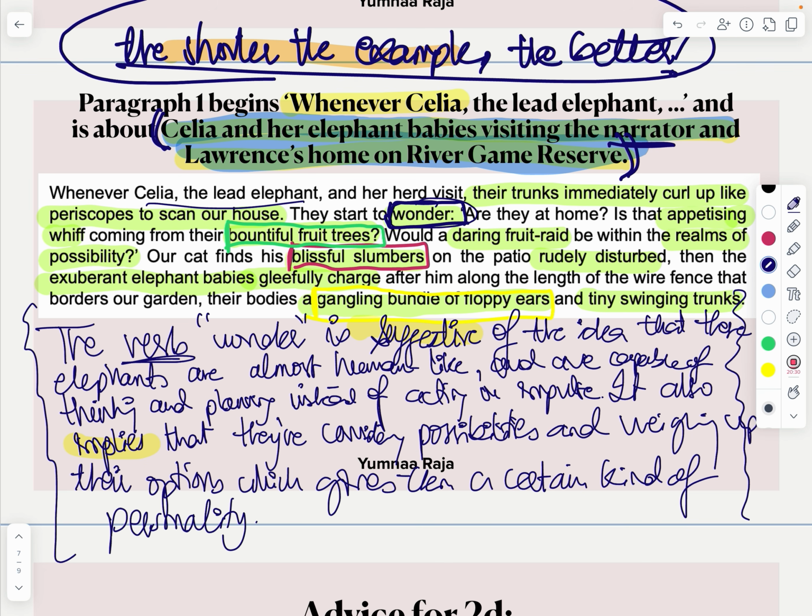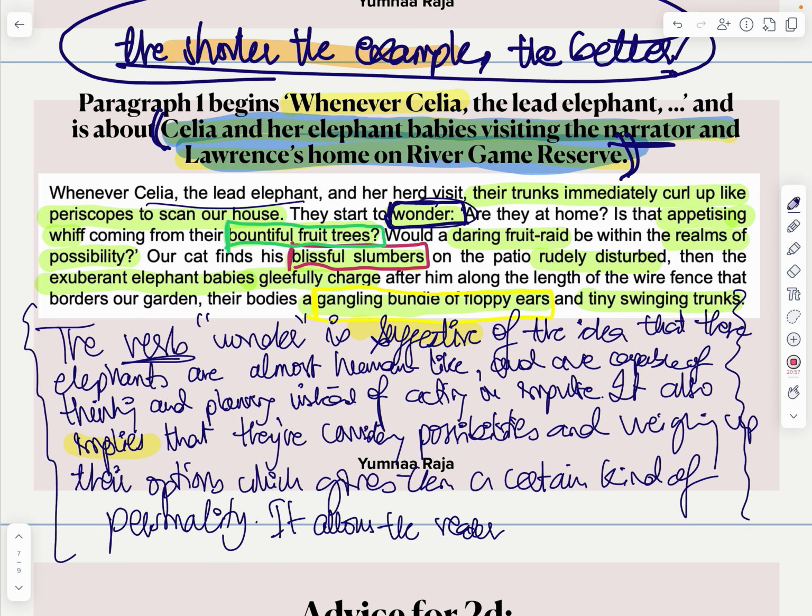Now, there are a lot of kids that are under the impression that we have to talk about the effect on the readers as well. So if you want to add a sentence like that, I can absolutely do that as well. It gives the reader, let's say, instead of giving, let's write down allows.